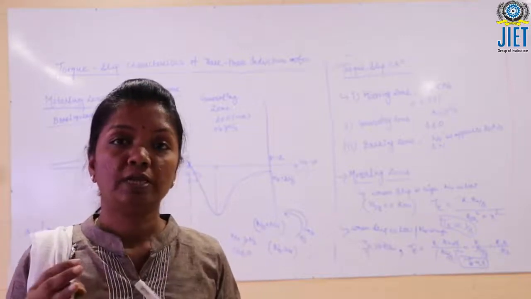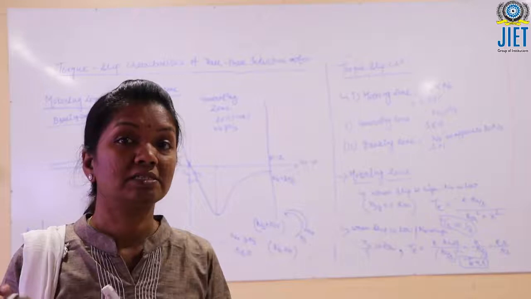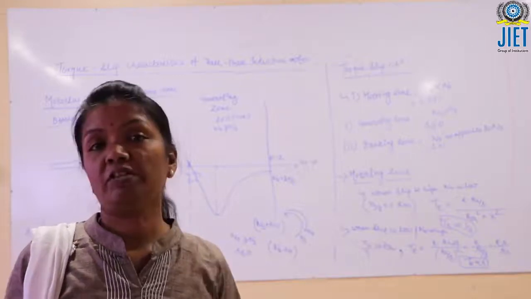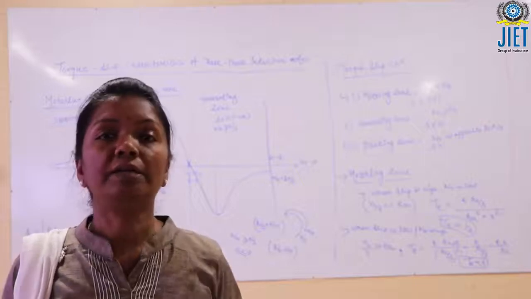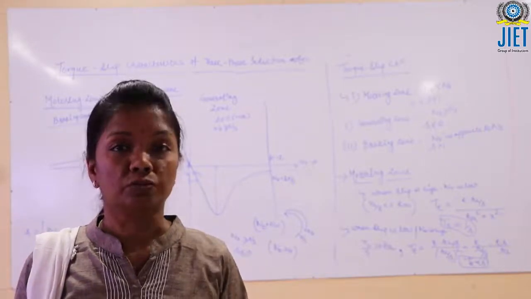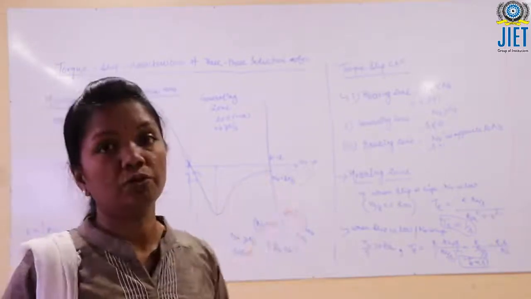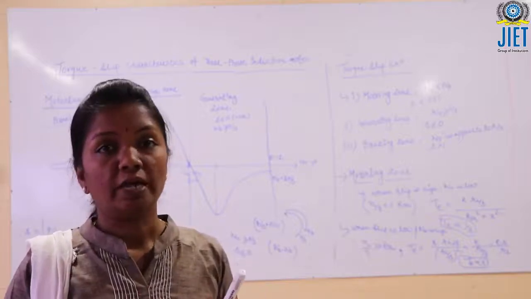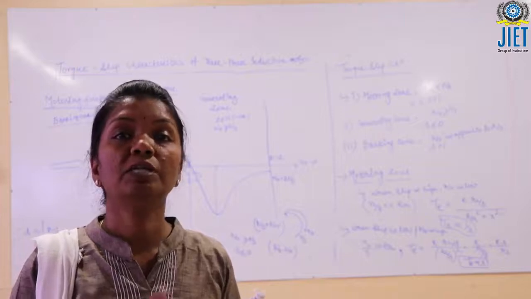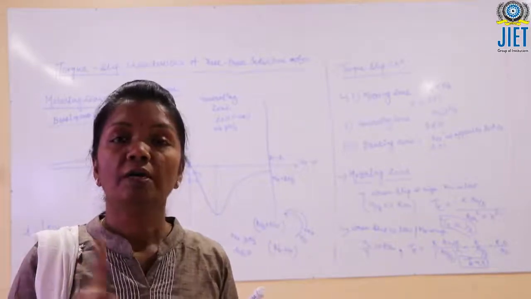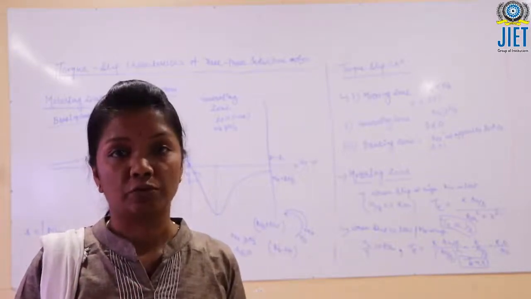So just to see how this torque is changing with respect to the slip, we need to classify the complete characteristics into 3 zones. The 3 zones are motoring zone, generating zone and braking zone. In the motoring zone, the slip is between 0 and 1, or the rotor speed is less than synchronous speed.